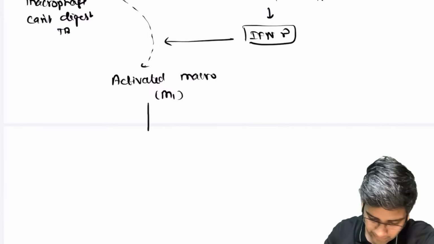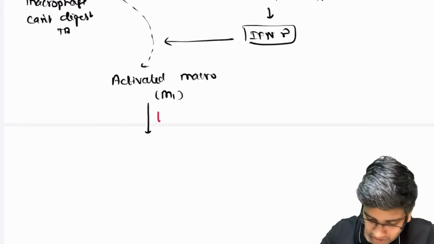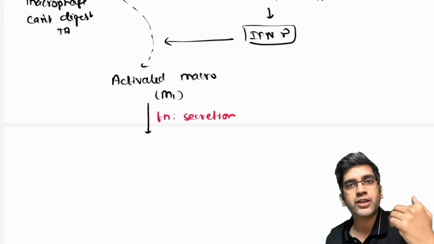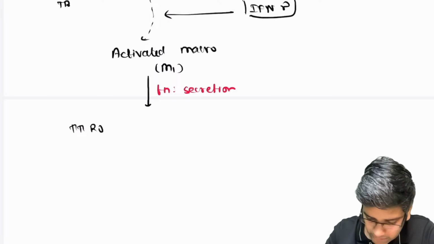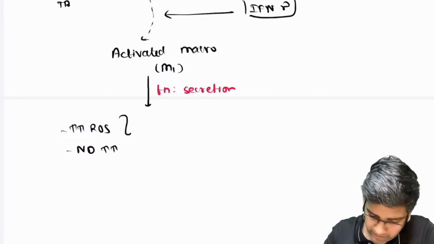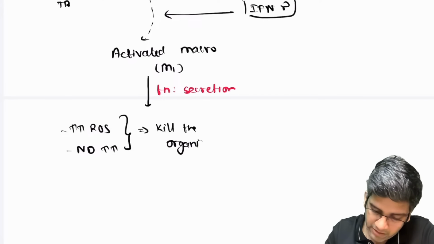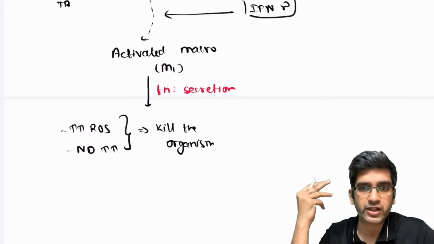This classical activated macrophage or M1 subtype is going to release things because the function changes. The function here is secretion. It's not phagocytosis anymore, it's secretion. The moment they start to secrete, what all will they secrete? I'll have more reactive oxygen species, more nitric oxide. The goal here is to try to kill the organism. I'm equipping the normal macrophage with more ammunition, more power to kill it.